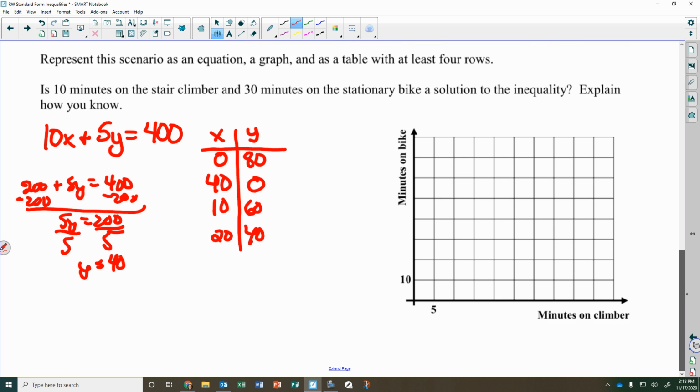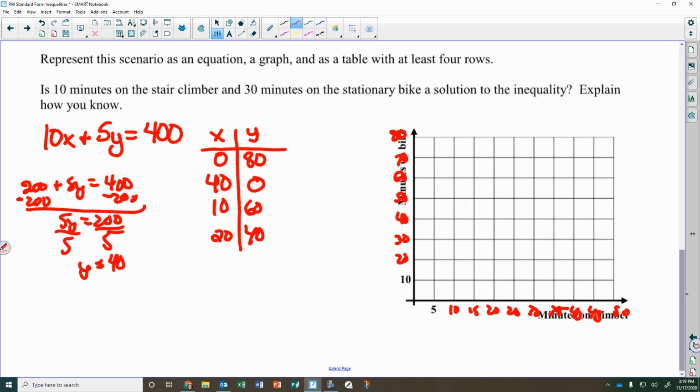So now if we go down here to the bottom and graph it, we'll go up by 5s here. And then over here, we'll go up by 10s. So minutes on the climber is our x. Minutes on the bike is our y.